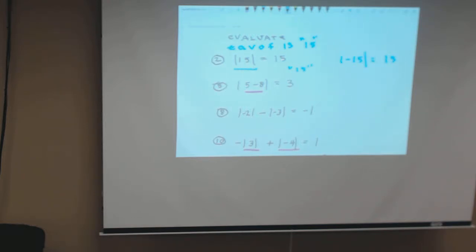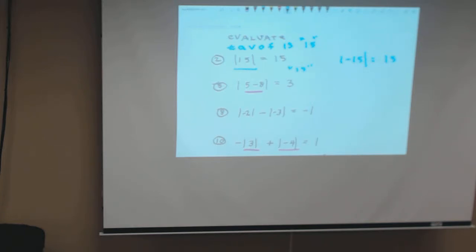So I could read this: the magnitude of 15 is 15. The magnitude of negative 15 is also 15. I don't care which direction I went from 0. I just want to know how far I went. That's what absolute value means. Does that help to think of it like that?